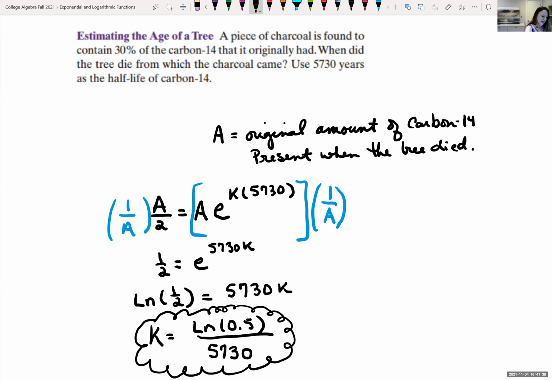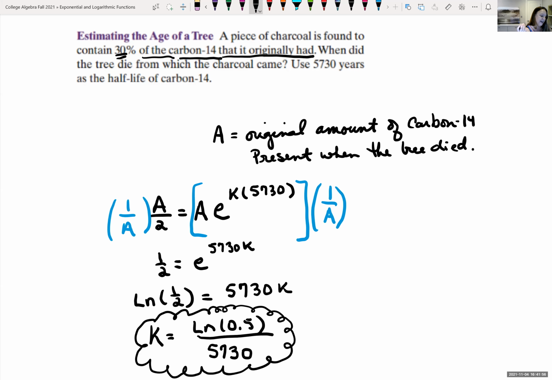Okay, so we know what k is. And when we found this piece, it had 30% of the carbon-14 that it originally had. Okay, so A was the original amount.